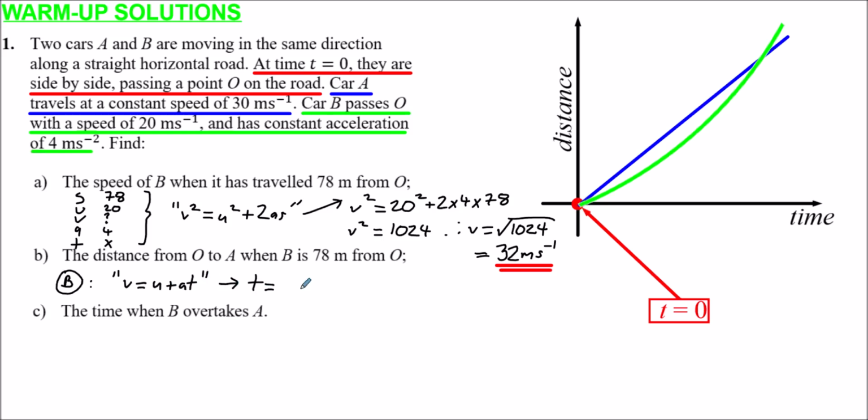Rearranging for the time taken to get to 32 meters per second will be V minus U, the change in speed, divided by the acceleration. So it's gone from 20 to 32 meters per second, a change of 12 meters per second, and the acceleration is 4, and so that gives 3 seconds.